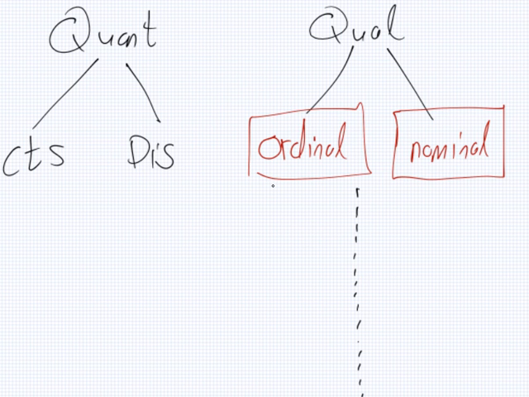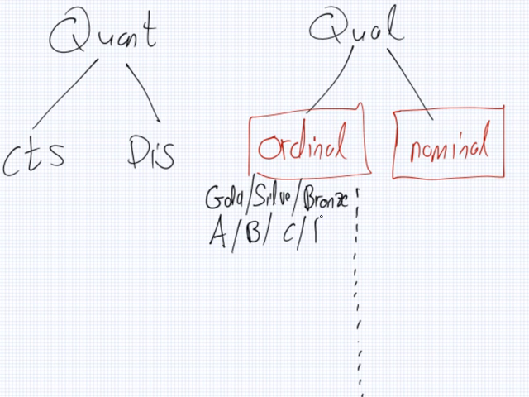So for example, ordinal would be like if you get gold, silver, or bronze at the Olympics, or for example, if you get an A grade, a B grade, a C grade, or a D grade, or maybe another example of ordinal would be if you get a big coffee, a medium coffee, or a small coffee.